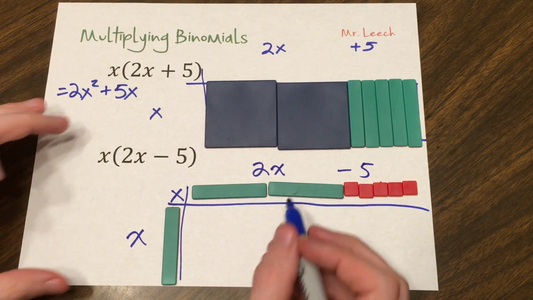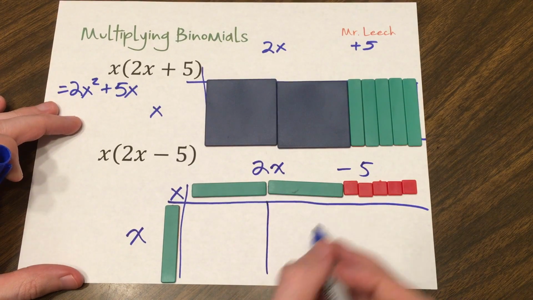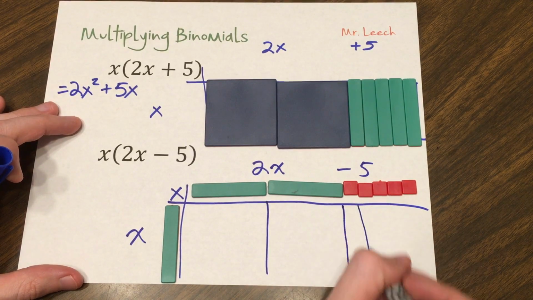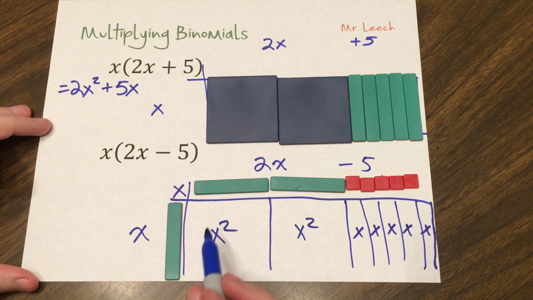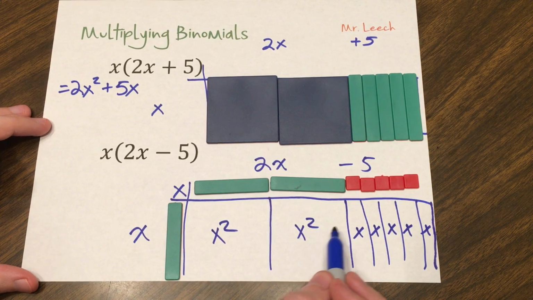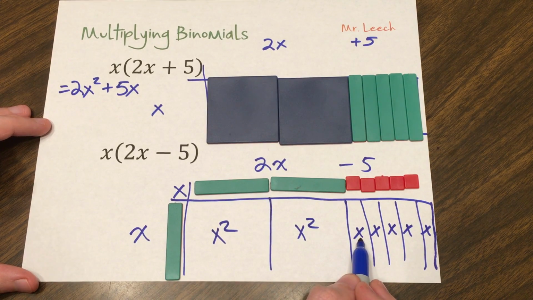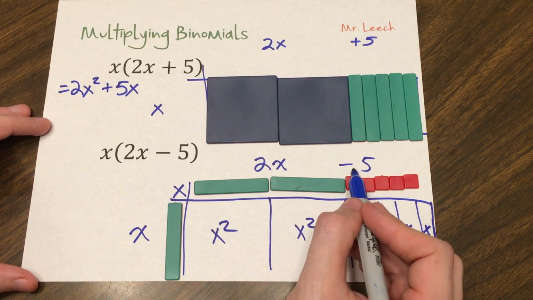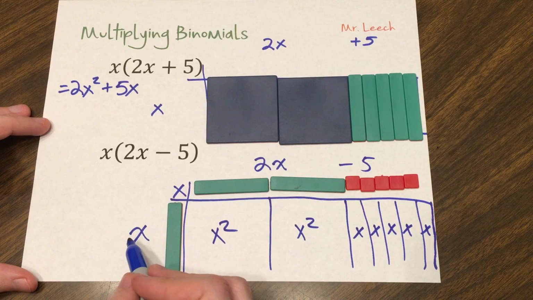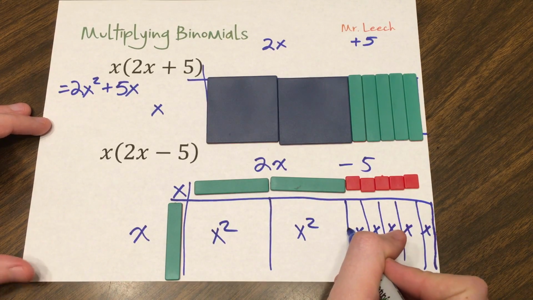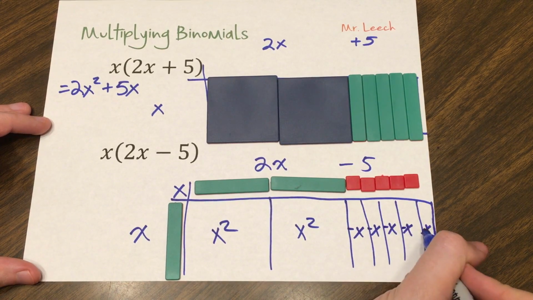Again, if you didn't have tiles, everywhere you see a line, complete that line. So this time this is going to be x squared plus, is that x? Almost. It's going to have to be a negative x. Remember we talked about when you multiply a positive times a negative, that sign is going to flip. So all these are going to be negative x's.